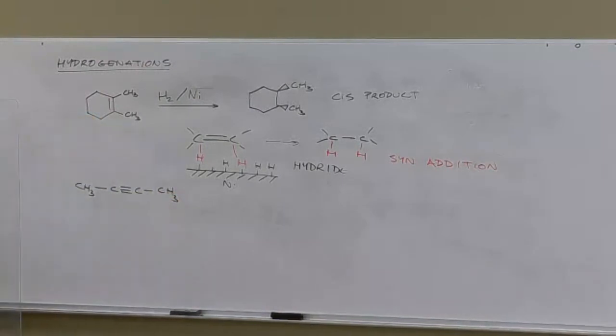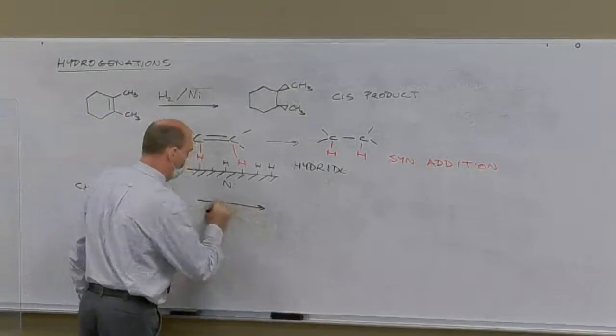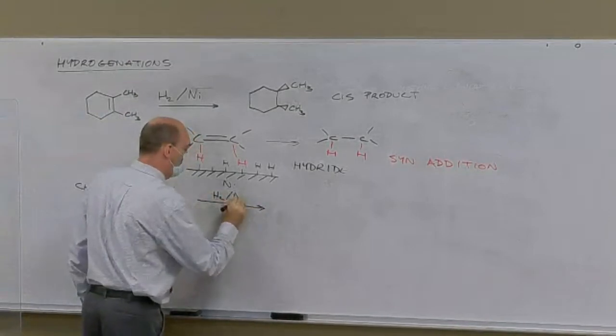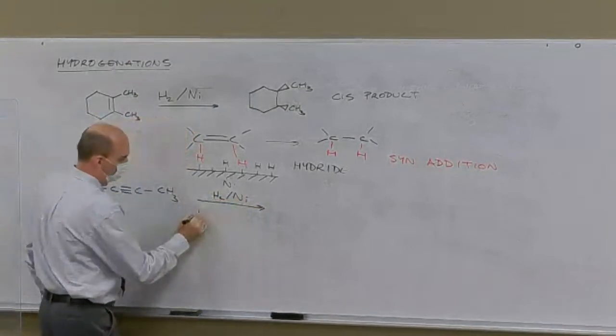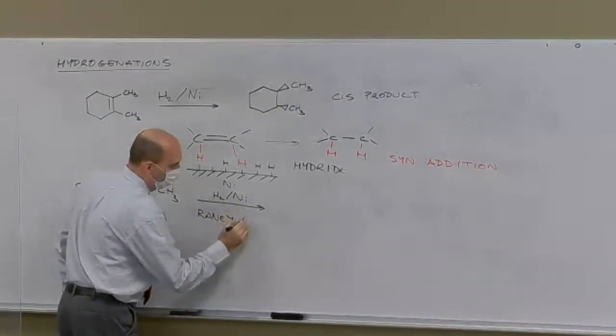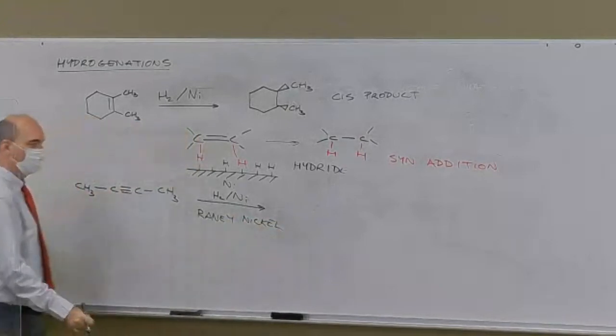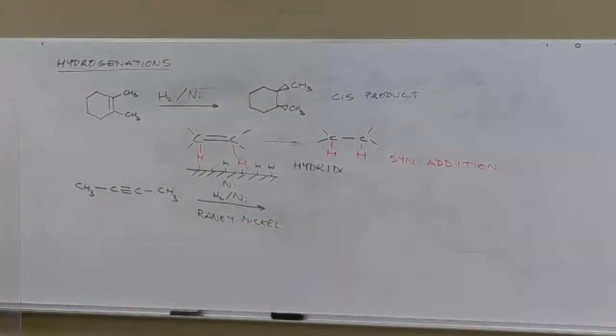I start with 2-butyne, and I use hydrogen adsorbed on nickel. Got a nice name. The great thing about chemistry is if you invent something, you get to name it after yourself. This guy Raney invented this catalyst, so we call it Raney nickel.